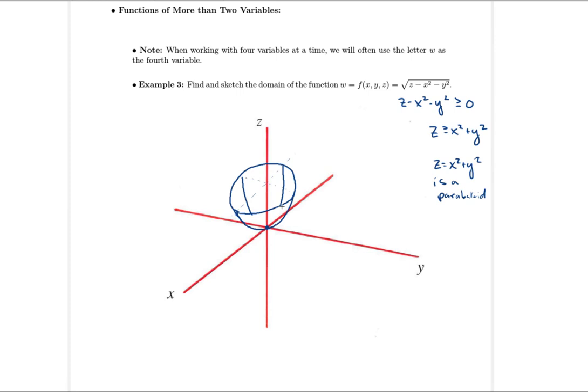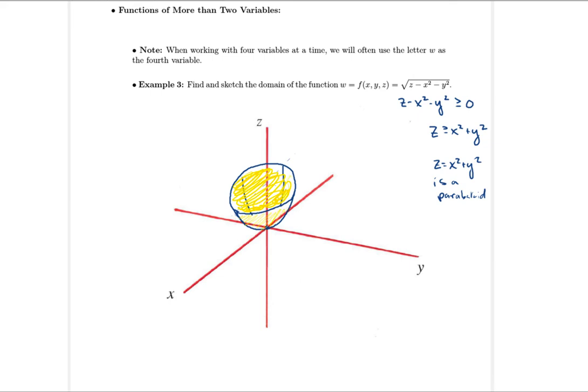Now, the tricky part here, and I'm going to change colors so that I preserve some of the integrity of this picture, is we want the z values to be greater than or equal to x squared plus y squared. Or in other words, take all the z's that are greater than or equal to the paraboloid. So what that means is we want to fill the paraboloid in, if that makes sense, right?